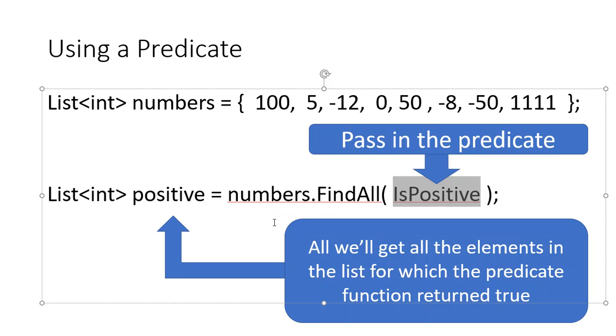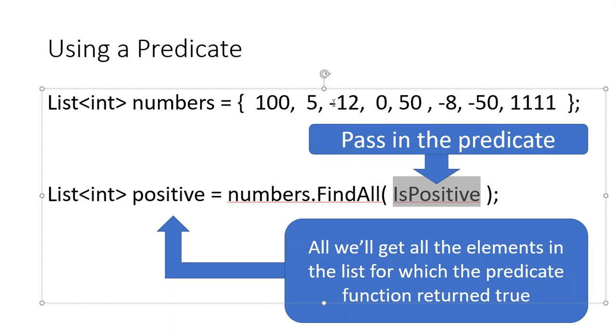And if the predicate function returns true, that element will end up in the result set. So 100 will be passed into the predicate function. Is 100 positive? Yep, keep it, put it in the results. Is 5 positive? Yep, put it in the results.